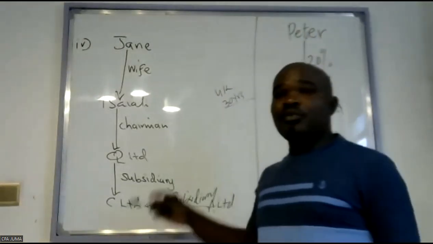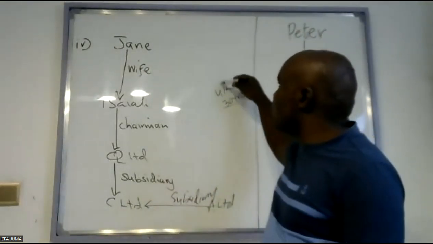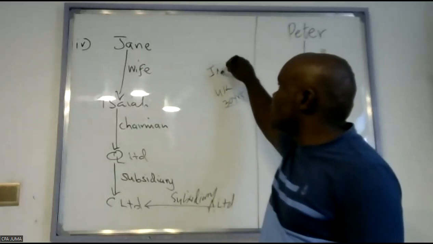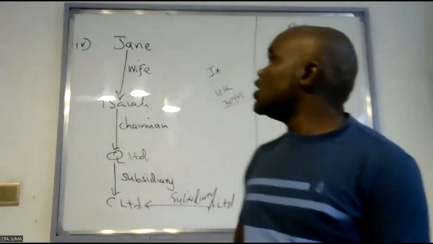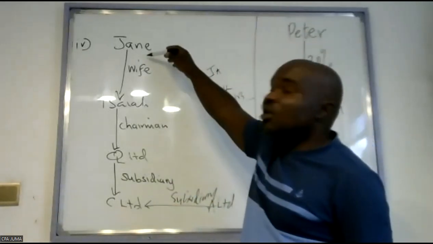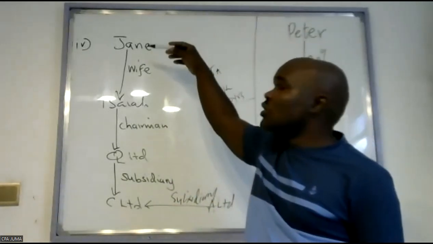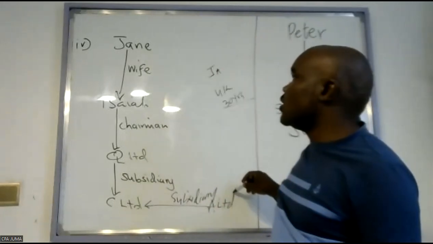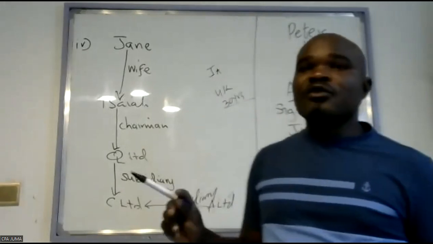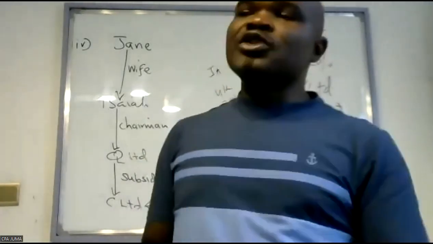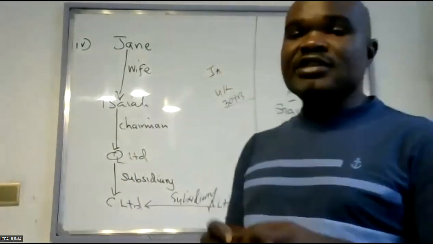Then Jane in UK, Jane opened a company called Jane Group without even Isaiah knowing. Then Jane Group secured a tender in Kenya in A Limited. They got a tender in A Limited. Then the members of the public start saying she got that tender because she's the wife of Isaiah.